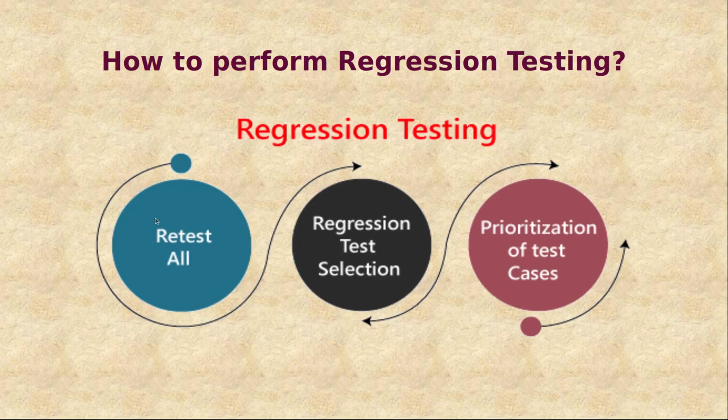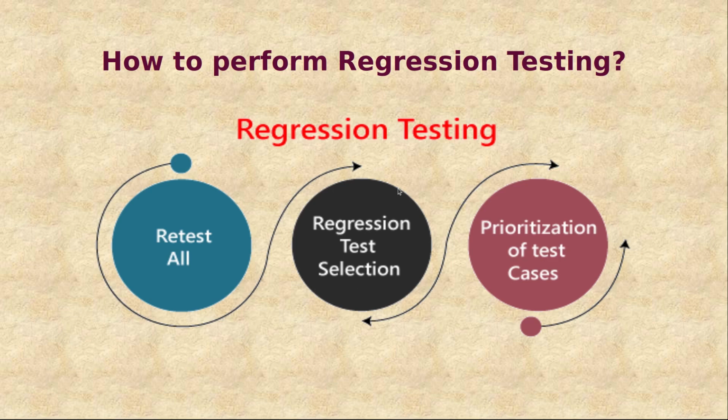The following three different techniques are used for regression testing. First, retest all. Retest all means we take all the software components and test each and every part, whether it is a modified part or an unmodified part. If we detect any bugs, we clear them and execute once again.